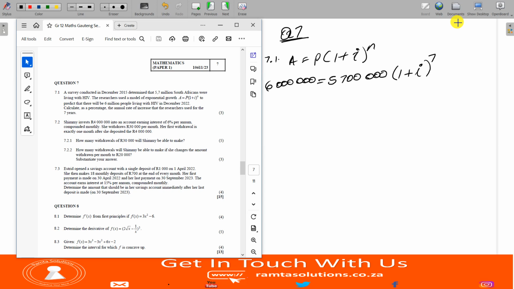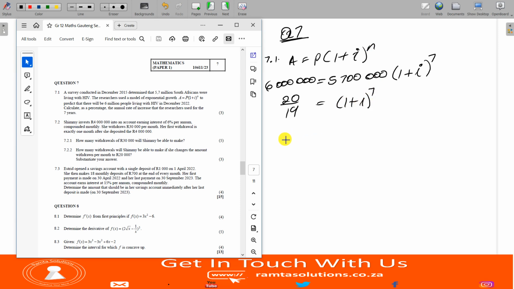Now let's see. 6 million: I'm going to write 6 times 10 to the 6 over 5.7 times 10 to the 6. It's easy, let me just leave it as a fraction. It's 20 over 19 equals (1 plus i) to the power 7.